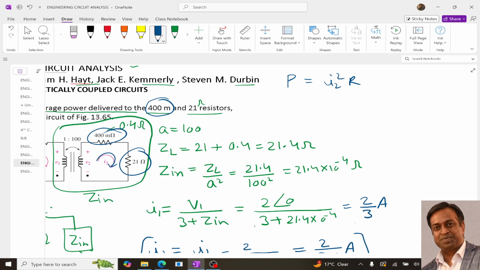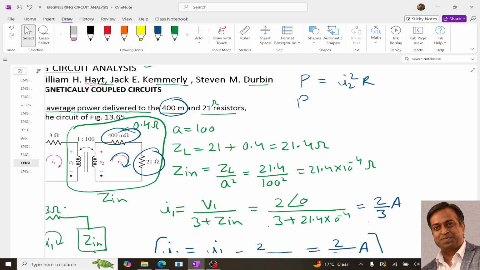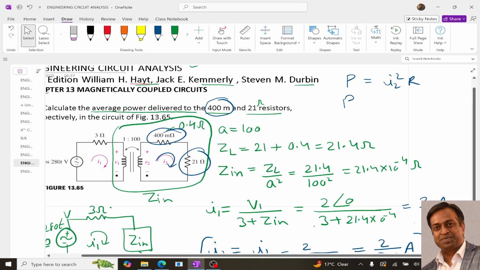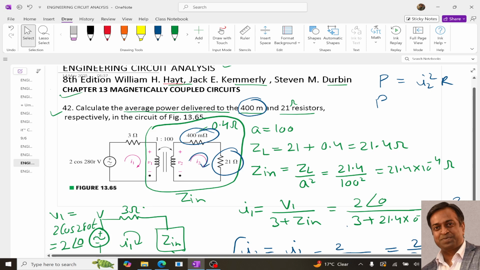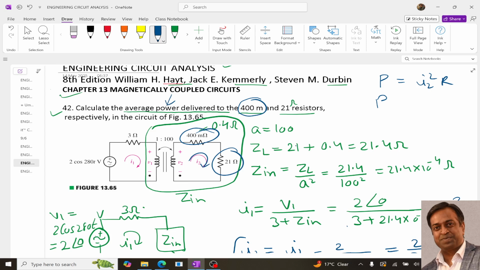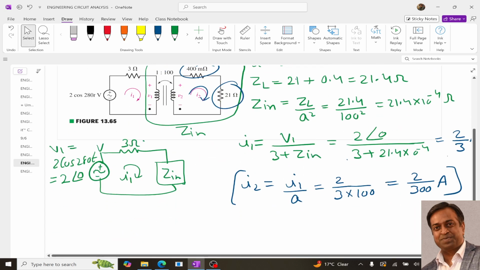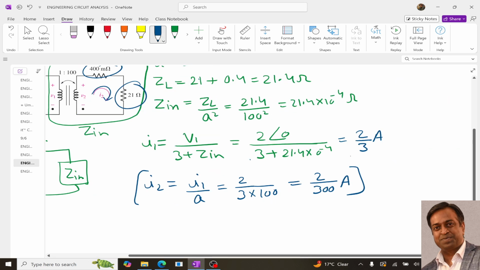If I want to determine the power, it is our average power that we need to determine. Here the 2 is Vm, and the I2 that we get is Im.